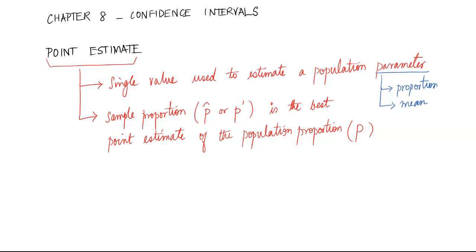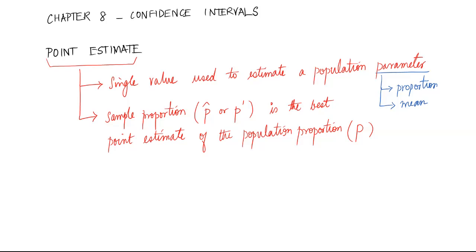Now, for that, I can collect a sample, a smaller group of people who use the drive-through lane in that restaurant, and see how many use that drive-through lane in a day, in a month. It can depend on how my study is. And then, if I found the sample proportion to be 60% or more, then I could use that information as a good point estimate of the population proportion. Okay, that's what this means.